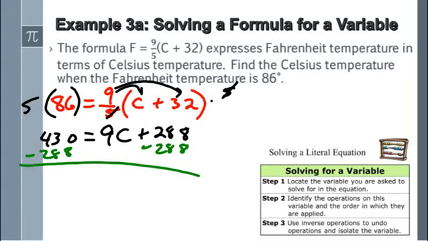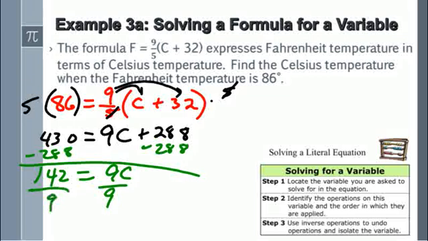When I do that, 430 minus 288 equals 142. This side just gives you 9C. Divide by 9 on both sides. When you divide by 9 on both sides, you end up with the answer of 15.7 repeating.